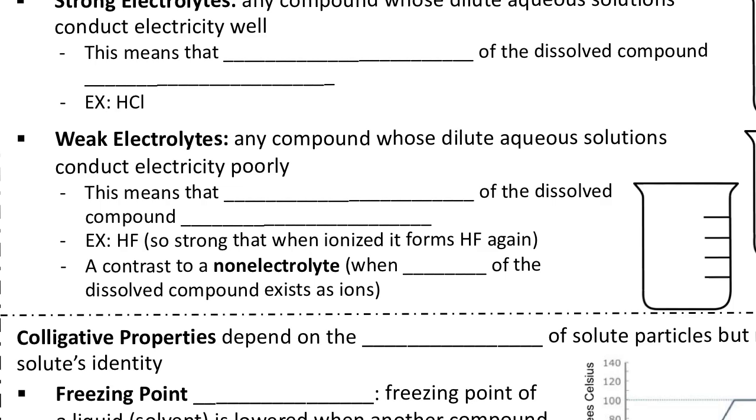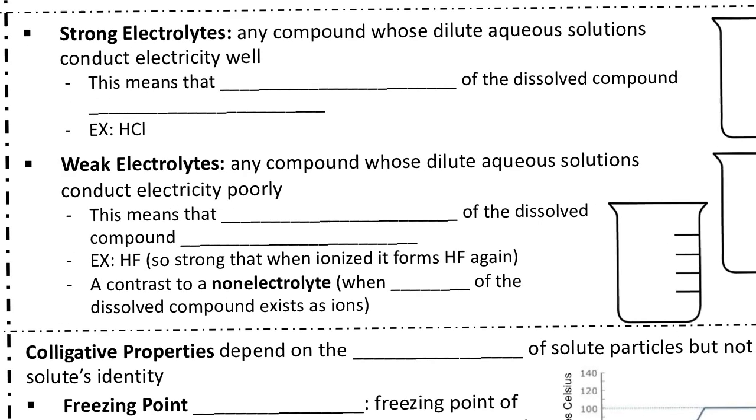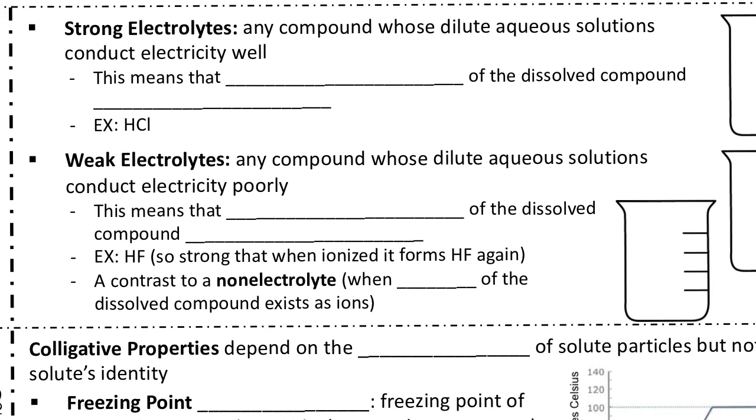So we started off with strong electrolytes. These are any compound whose dilute aqueous solutions conduct electricity well, and remember aqueous really just means water. So this means that most or all of the dissolved compound separates into ions.